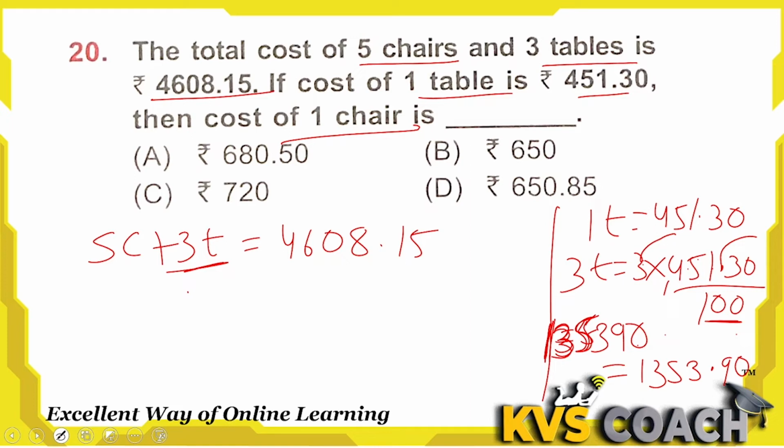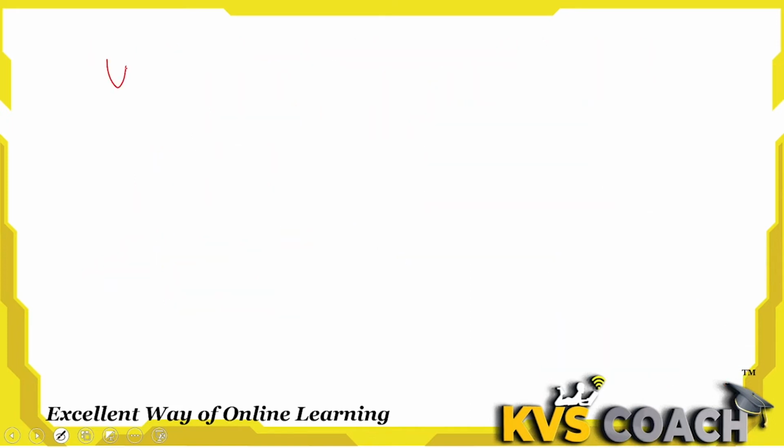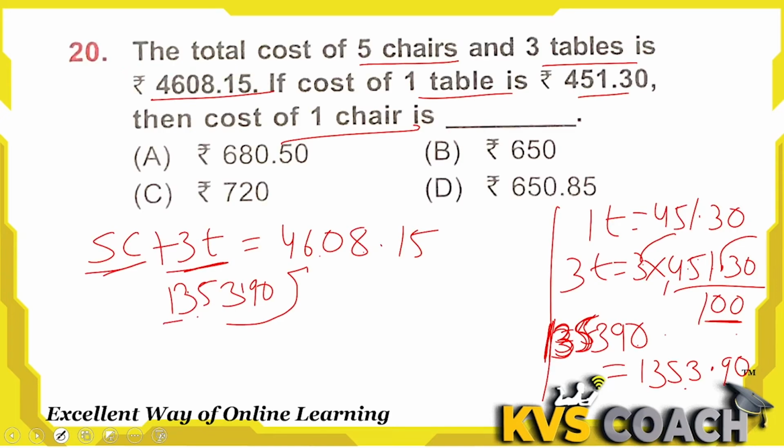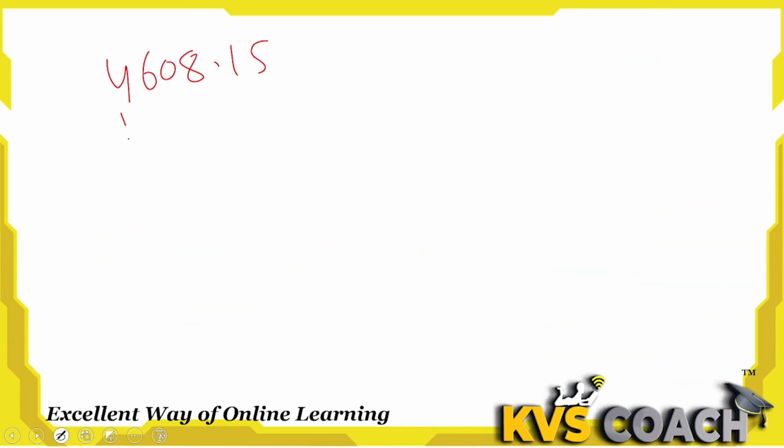So this is the cost of 3 tables. If we subtract this table price from the total price, we will get the 5 chairs price. So 4608.15 minus 1353.90. Let's check after subtracting what is the value of the chairs.